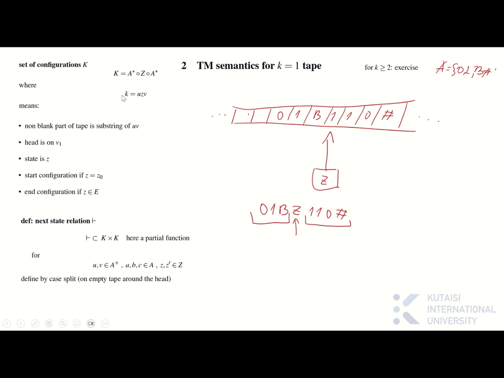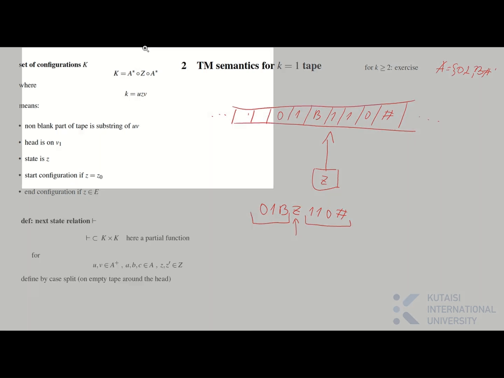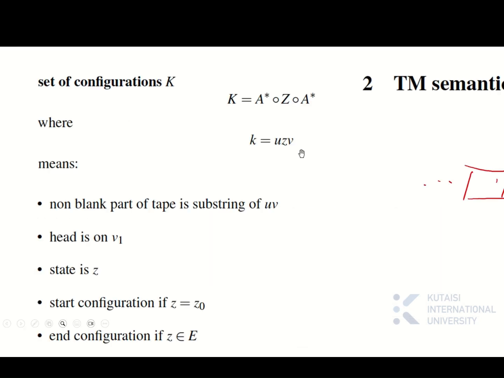This is the convention. So the configuration is UZV, where U is a string in my alphabet, V is a string in my alphabet, and Z is just some state.